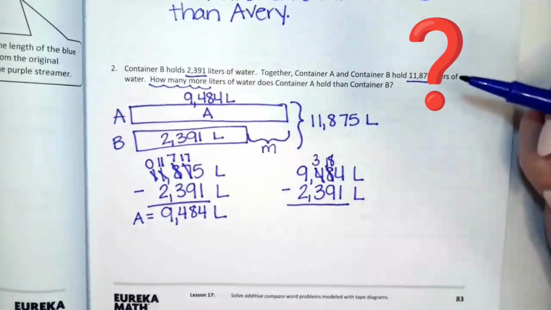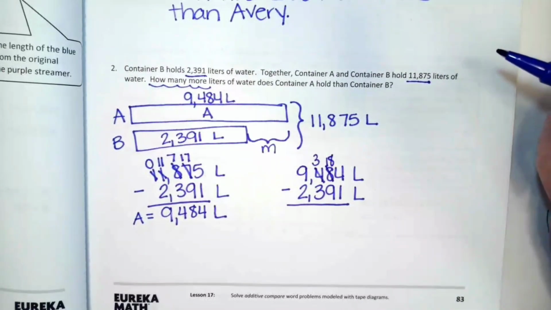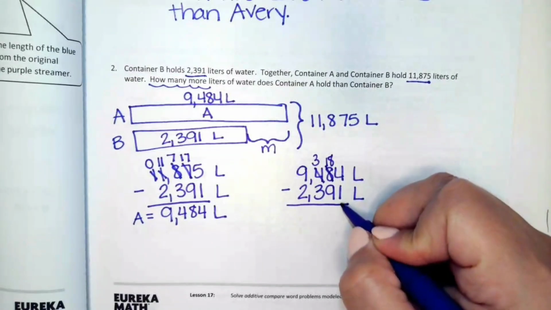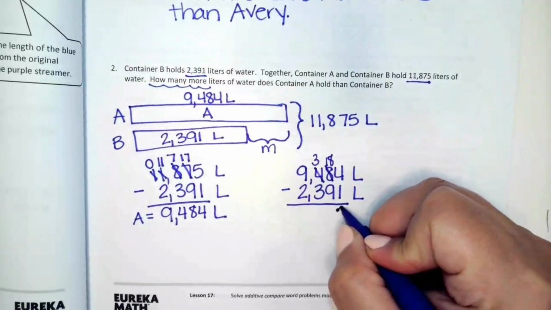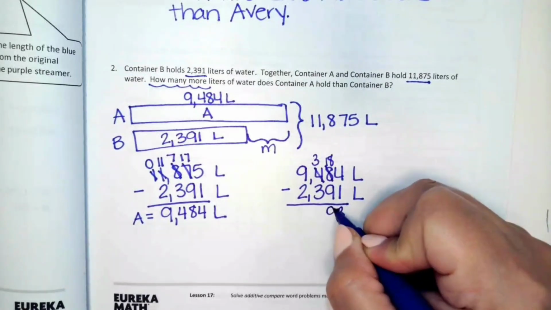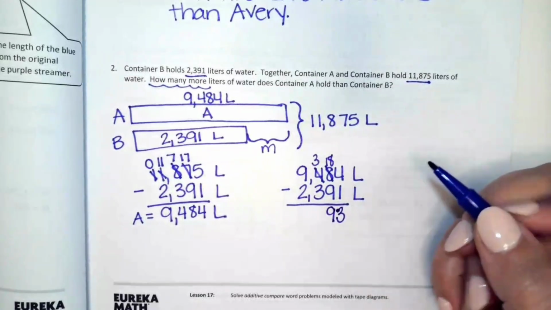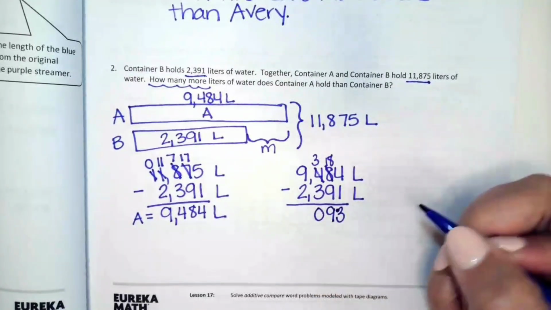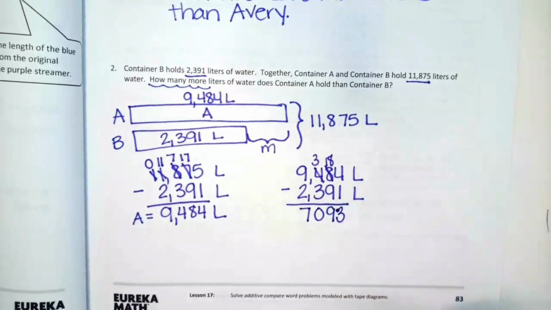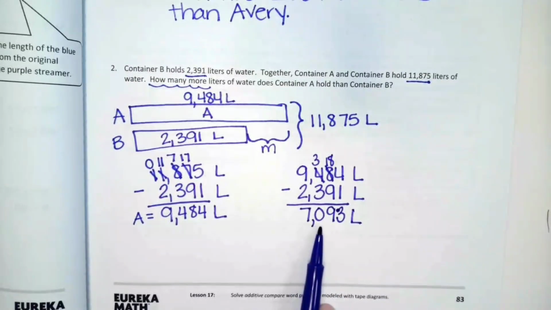And is the thousands ready? 9 minus 2? Yes. Now let's do all the subtracting. 4 minus 1 equals 3. 18 minus 9 equals 9. 3 minus 3 equals 0. 9 minus 2 equals 7. Put in your comma, and our units is liters. We got 7,093 liters.